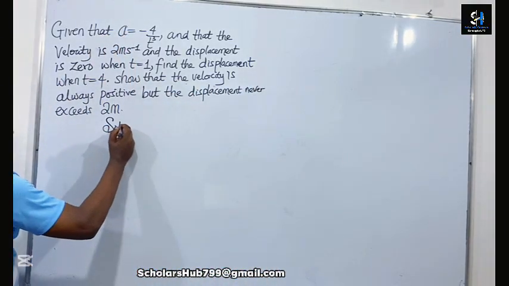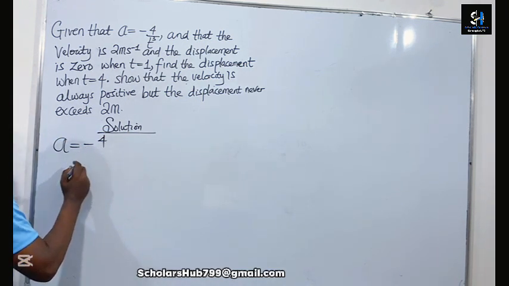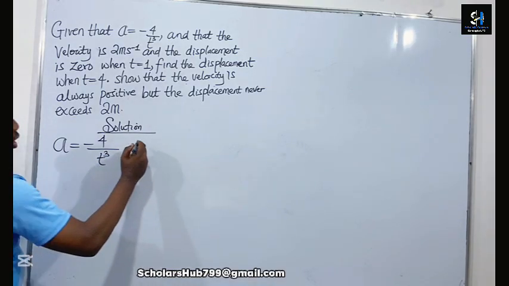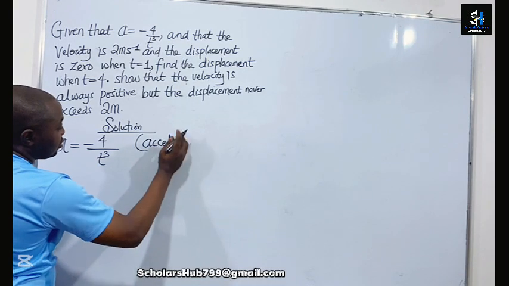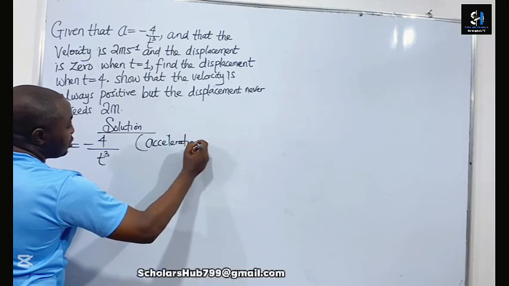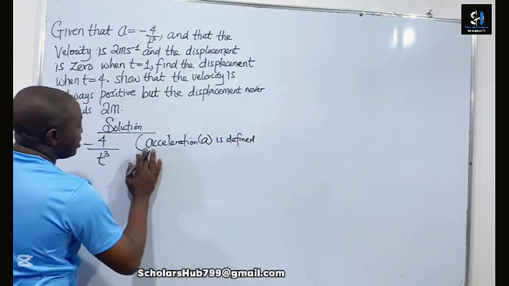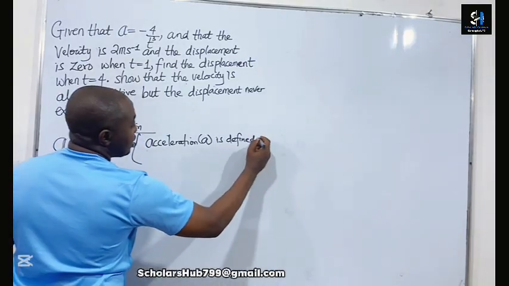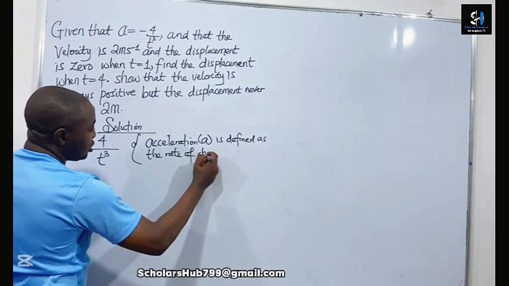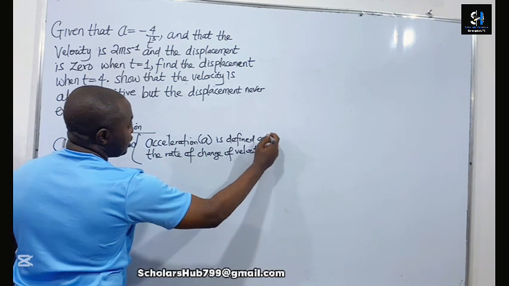Okay, so first thing to do, because we are given acceleration to be equal to negative 4 over t raised to the power of 3. And also because we know that acceleration, a, is defined as the rate of change of velocity.